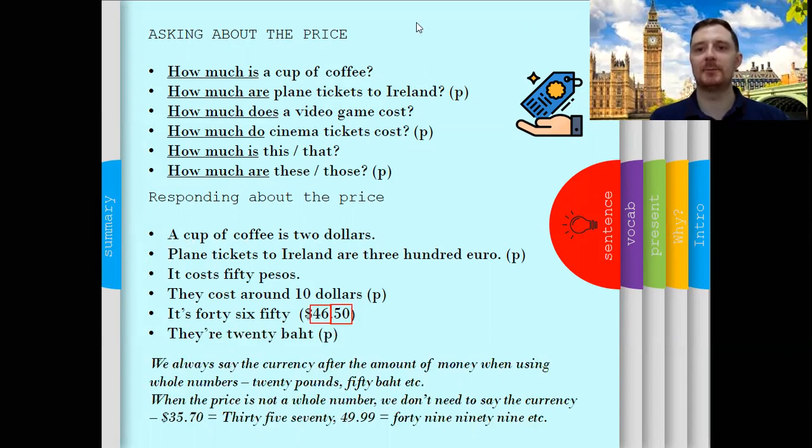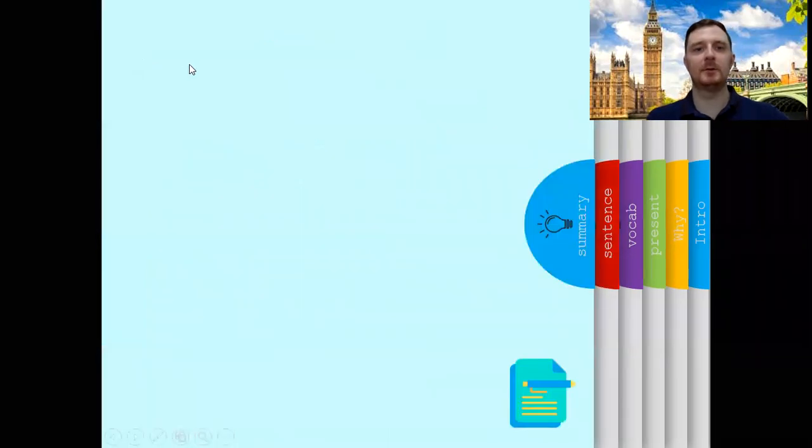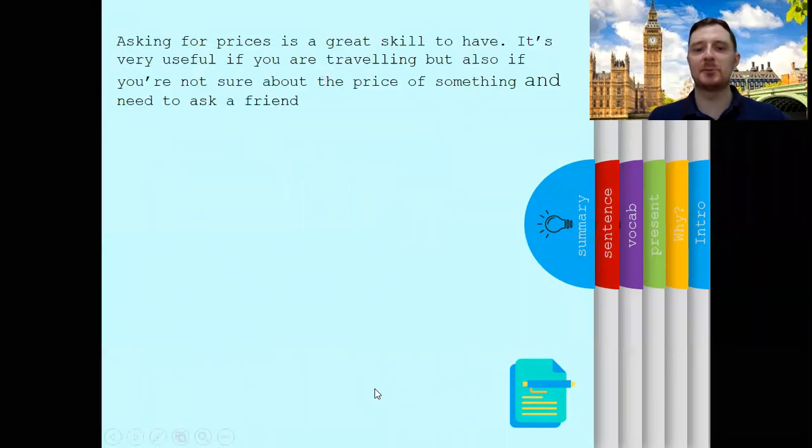Brilliant. So let's move on to the summary now to finish our lesson. Here we have the summary slide, and we can wrap up together. So asking for prices is a very good skill.